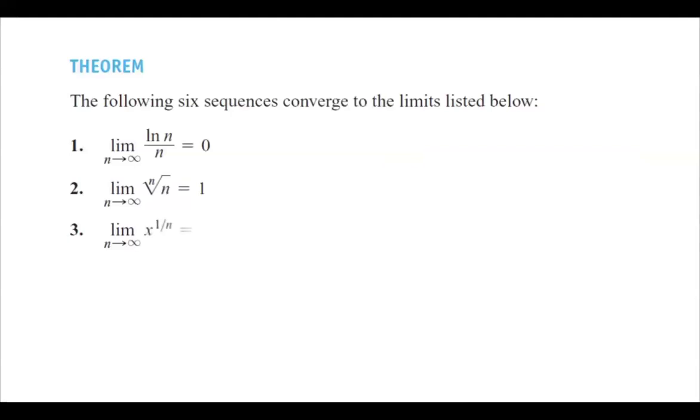Number 3, the limit of x to the power 1 over n as n goes to infinity, considering that x is positive, is equal to 1. Number 4 is the limit of x to the power n as n goes to infinity, assuming that x is between -1 and 1. This is always equal to 0.